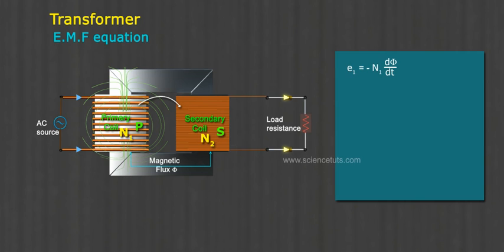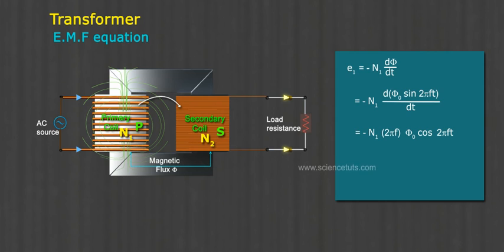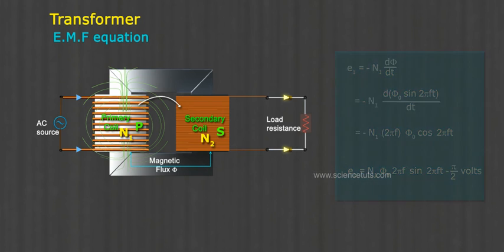E1 equals minus N1 d phi by dt equals minus N1 d phi naught sine 2 pi f t by dt equals minus N1 of 2 pi f phi naught cos 2 pi f t. E1 equals N1 phi naught 2 pi f sine of 2 pi f t minus pi by 2 volts.